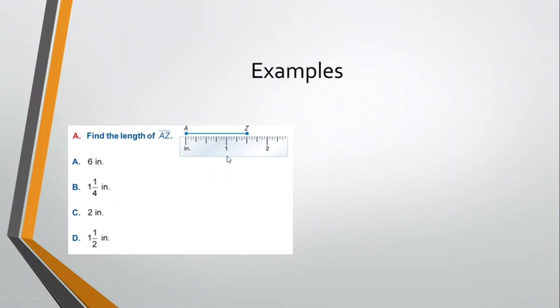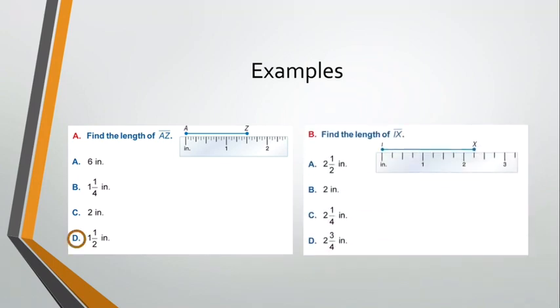So between 0 and 1, each of these tiny little segments is a 16th. If I look here, it goes from 0 to 1, and then it goes to the half mark. So therefore, the answer for this measurement, the length of AZ, should be D, 1.5 inches. Please find the answer for question B.